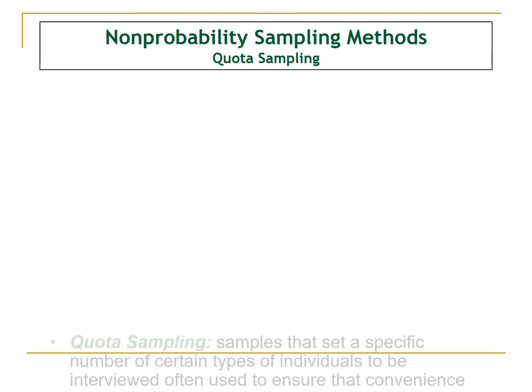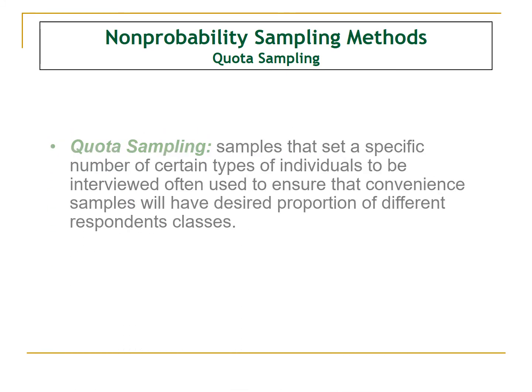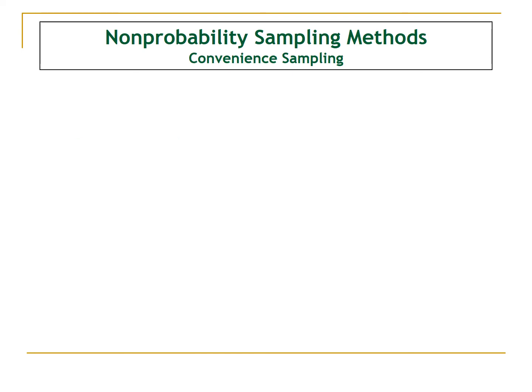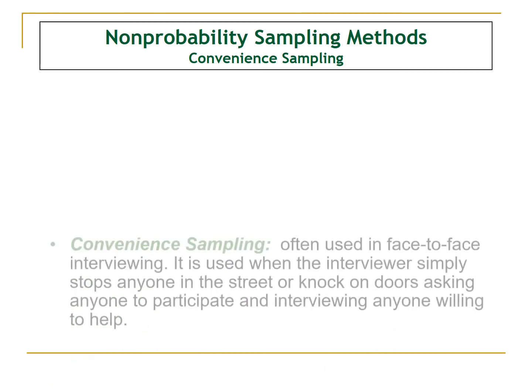Quota sampling is also a non-probability sampling method. In this method, the researcher creates a sample involving individuals that represent a population. It is also a method where data is selected or collected from a homogeneous group. Another non-probability sampling method is the convenience sampling.